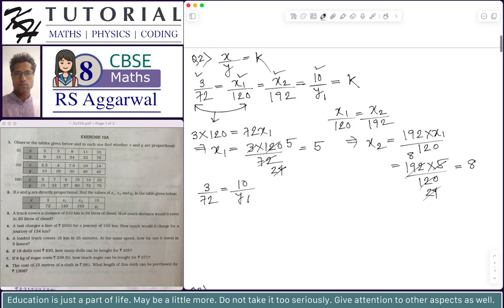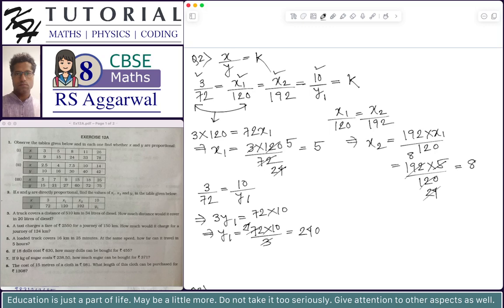So using cross multiplication, I get 3 y1 is equal to 72 multiplied by 10, and this implies y1 is equal to 72 multiplied by 10 divided by 3. y1 is equal to 72 divided by 3, which is 24. So this is 240.